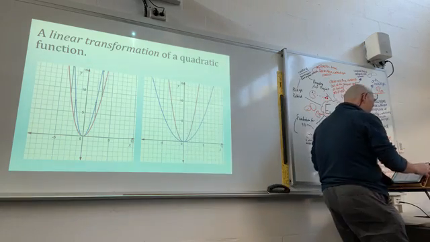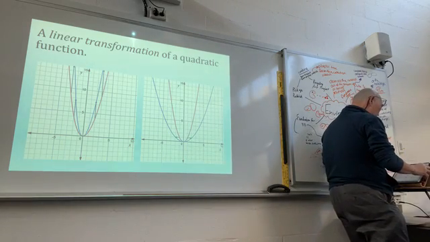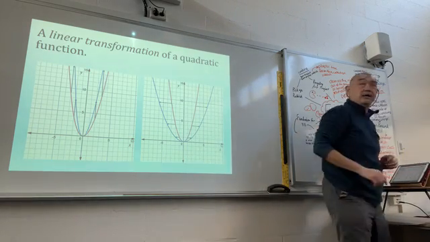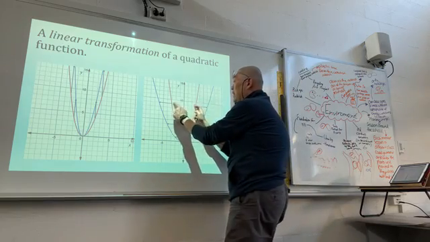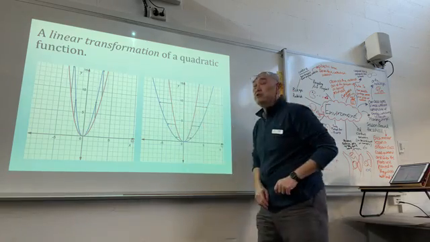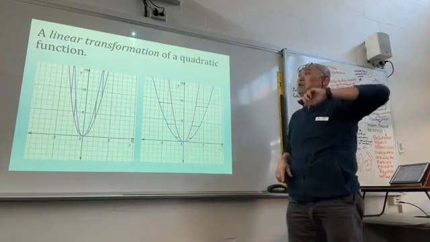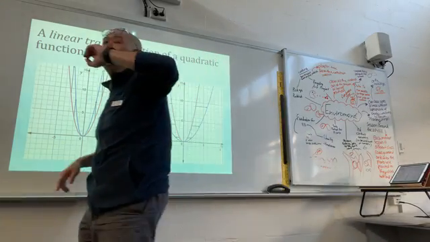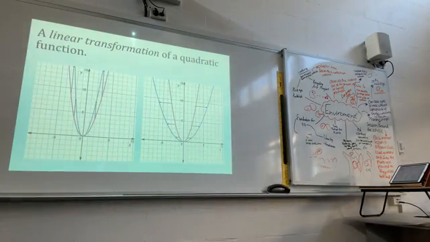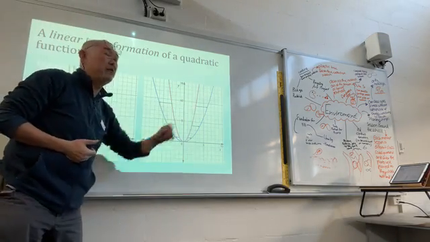Or the other way to look at this is moving from here out. By a factor. So what we're going to think about is, what do we do? Do we change the y coordinates by multiplying by a factor, or do we change the x-axis by multiplying by a factor? All right? Multiplying by factor.